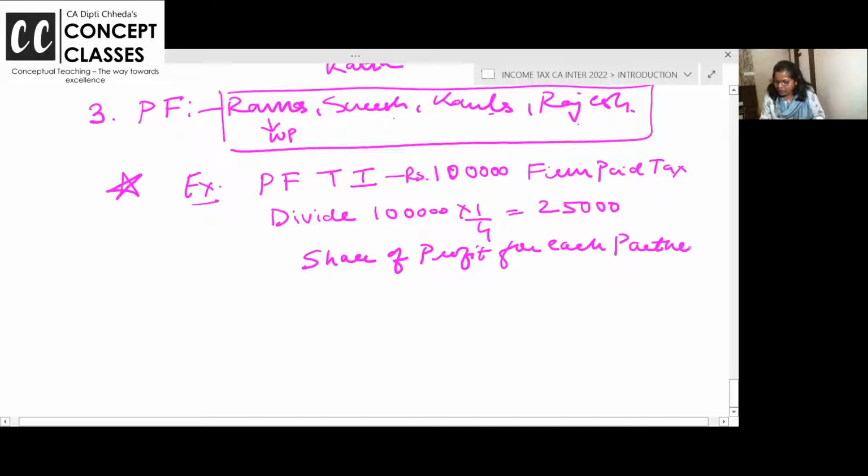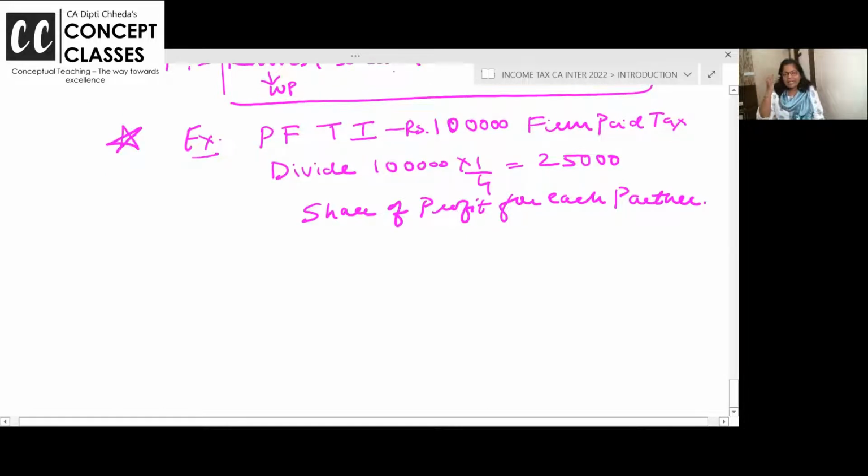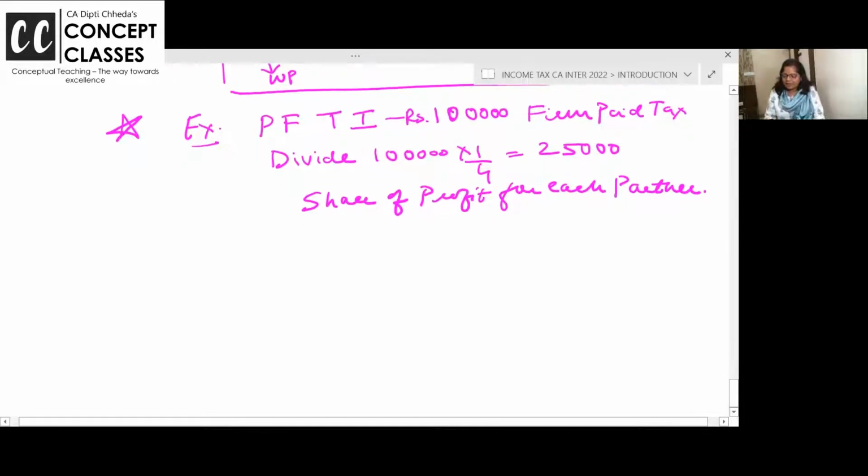I really want all of you to write this, please, in your notebooks. Ma'am, you won't make us write this every day, right? These are basics, so it has to be written in the mind, that is why it is not printed. 25,000 is the share of profit for each partner.